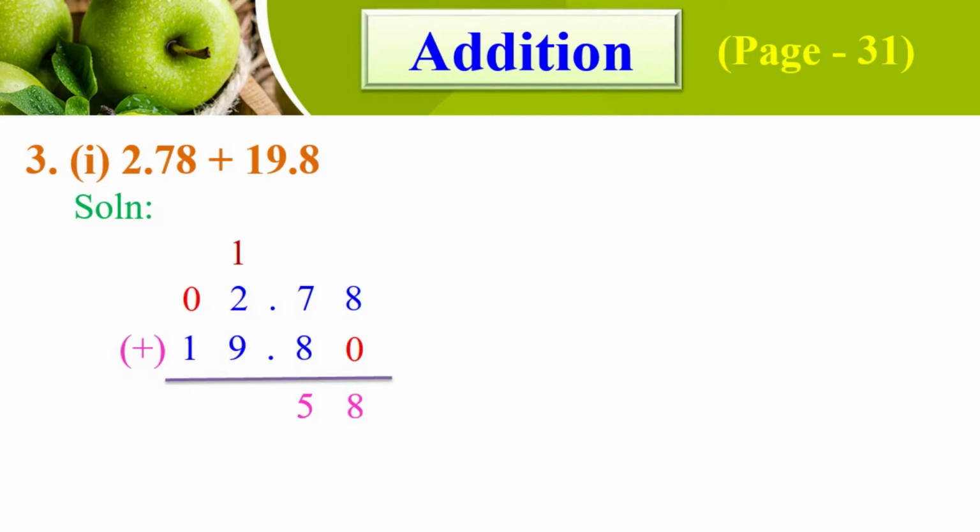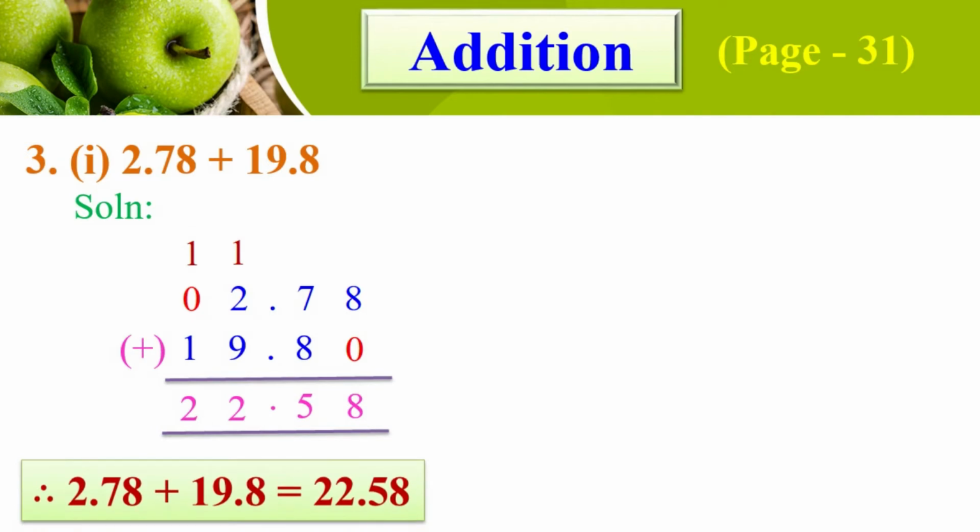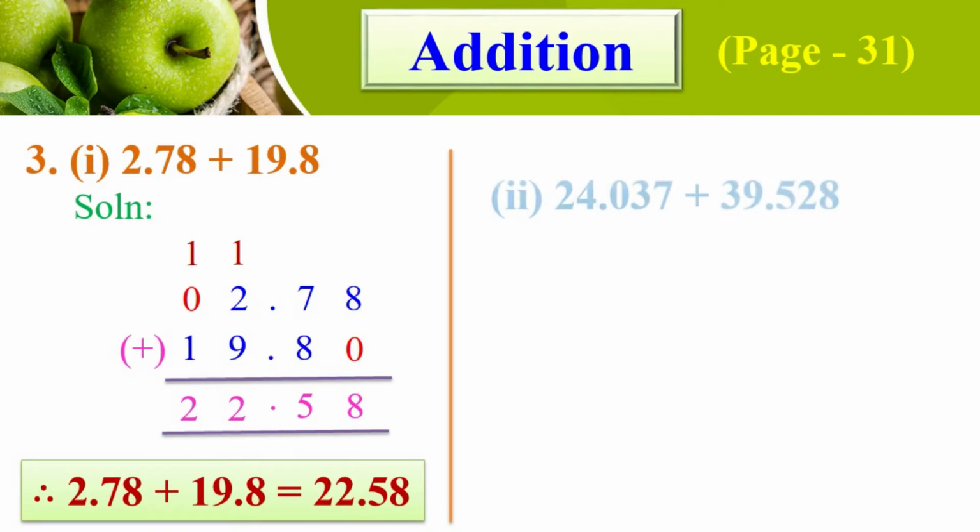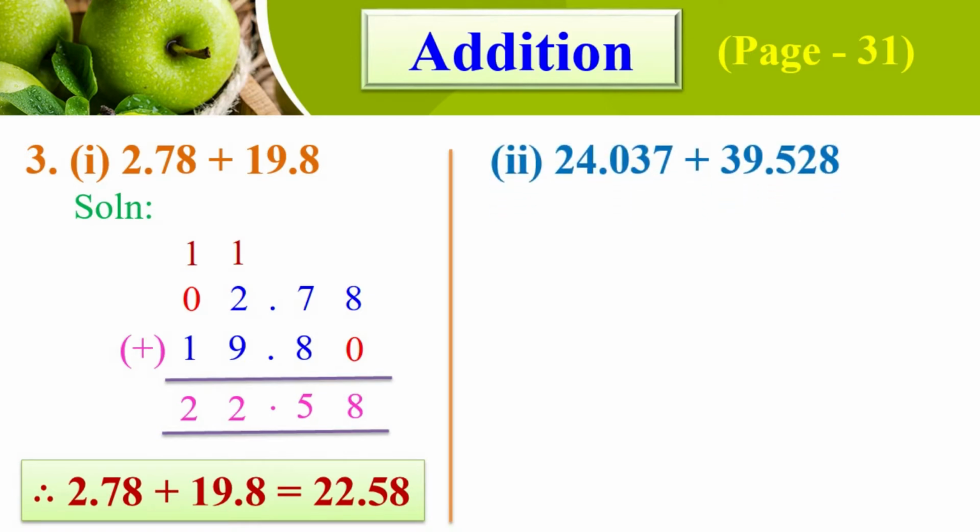Place 5, 1 carry. 9 plus 2, 11. 11 plus 1, 12. Place 2, 1 carry. 1 plus 1, 2. Therefore, adding 2.78 plus 19.8, we get 22.58.